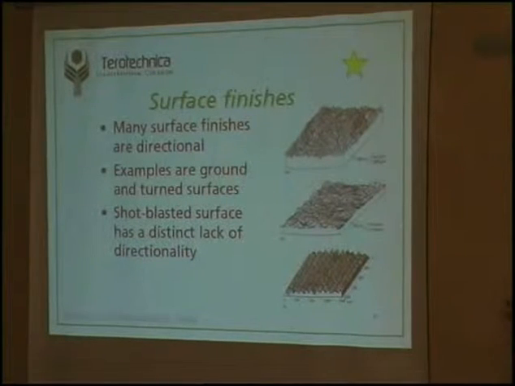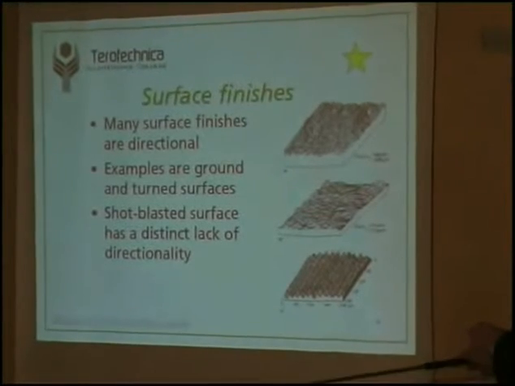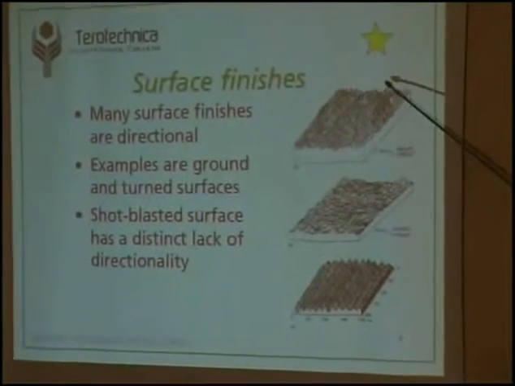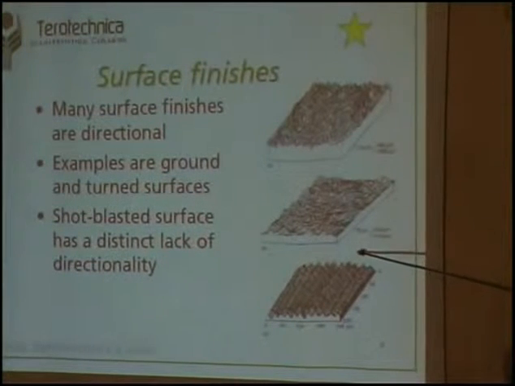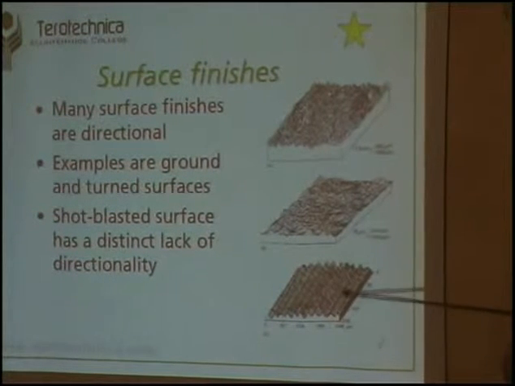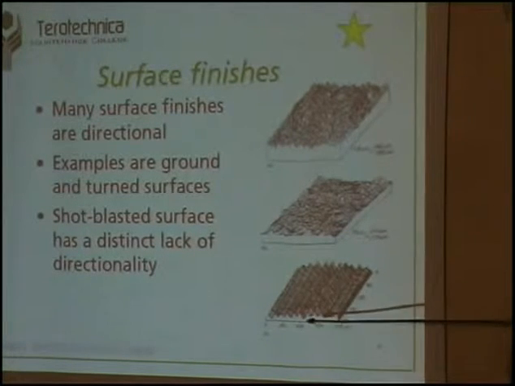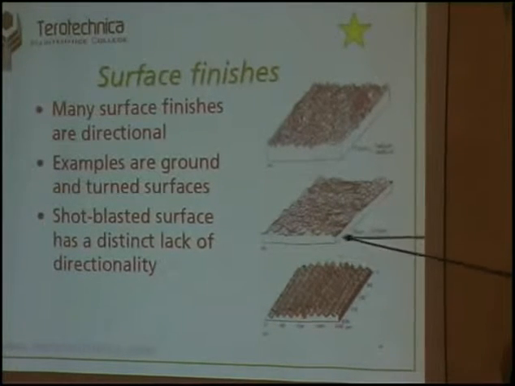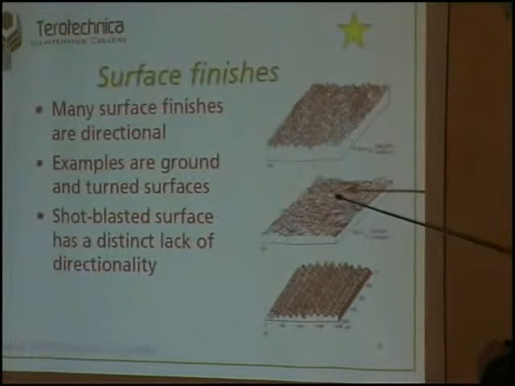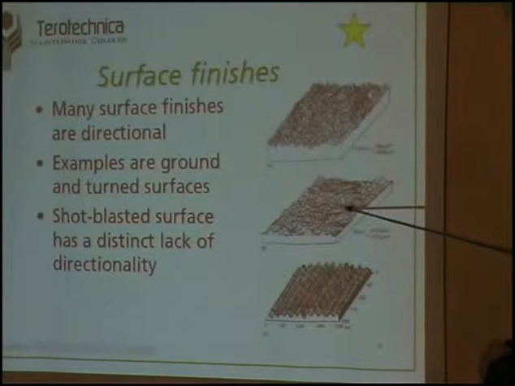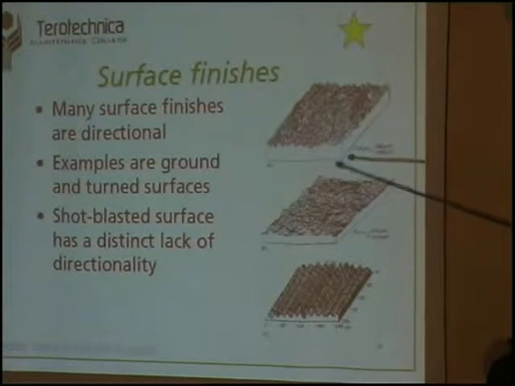Surface finishes. I thought to quickly just run over this as well. We have three types of surfaces here. We have a turned surface here. You can see the grooves caused by the tool cutting through there. And we have a shot blasted surface here. And we have a ground surface.